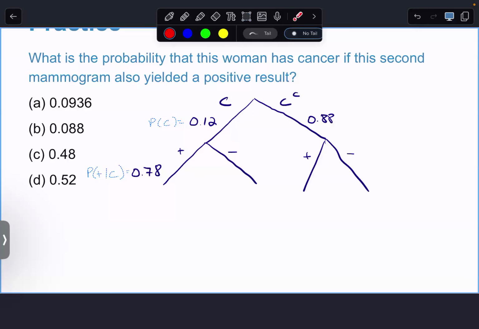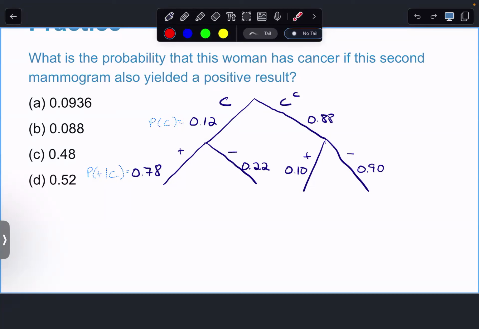So then we know here if the probability of a positive is 0.78, the probability of a negative is 0.22. Probability of a positive if they don't have cancer was 0.1, and probability of a negative then if they don't have cancer was still 0.9. So these probabilities don't change.